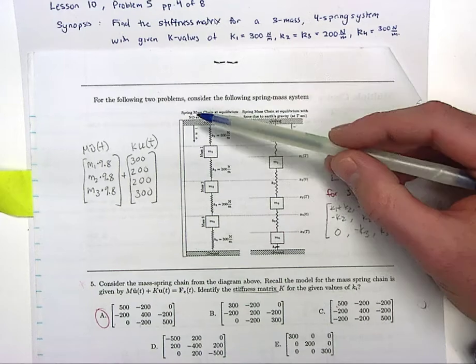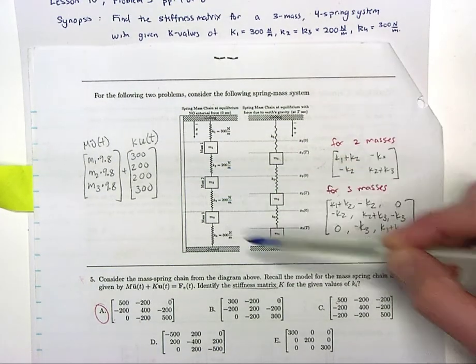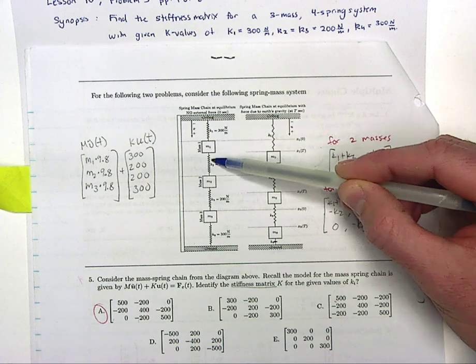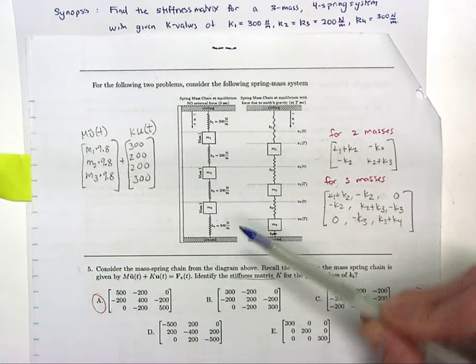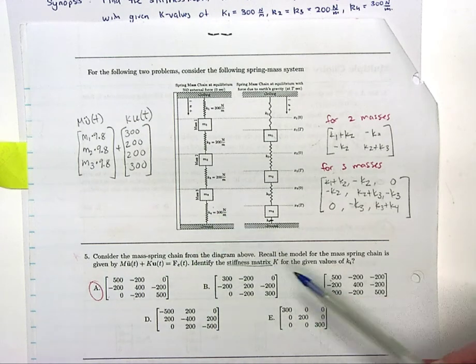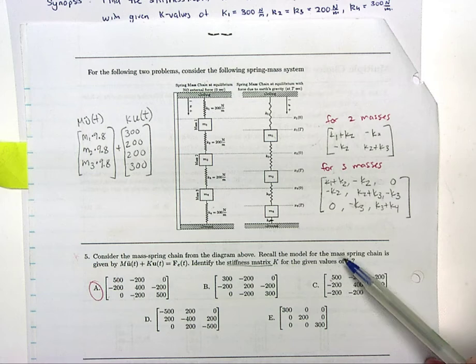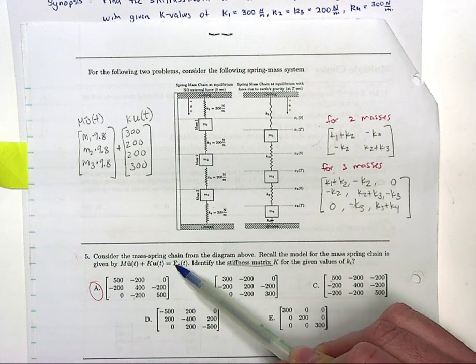All right, so we have this 3 mass, 4 spring system. The problem says, please consider the mass spring chain above. Let's recall the model for the mass spring chain is given by m u double dot of t plus K u of t equals f sub e of t.